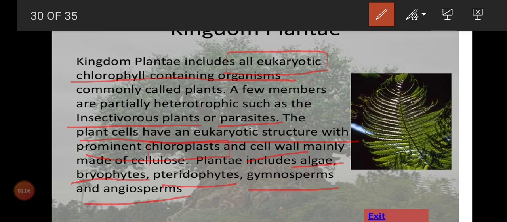What are examples of multicellular algae, children? There are so many, like brown algae, red algae and green algae. All those multicellular algae come under the kingdom Plantae. Is that clear, children? So that's all about Plantae.